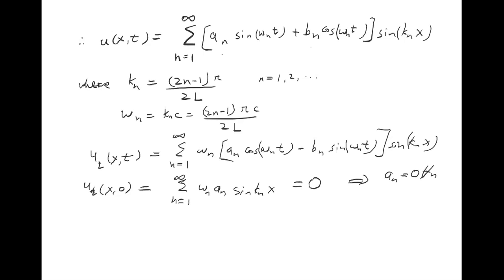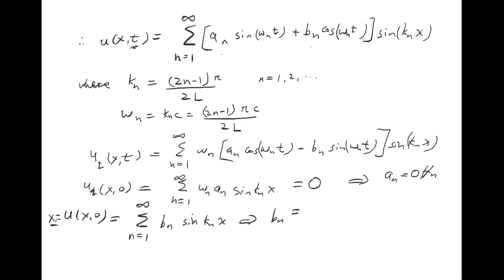And then the remaining thing will be you use u(x,0) being x, right? So that will be summation n equals 1, and just put in t equals 0 here. And you get this is bn sine knx. So you have bn sine knx being x. And then you need to get the bn using the orthogonality properties of the sine.